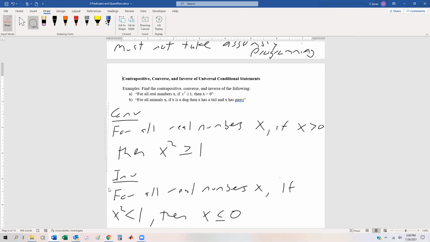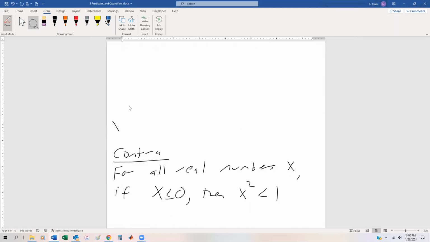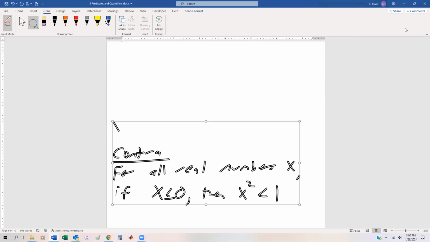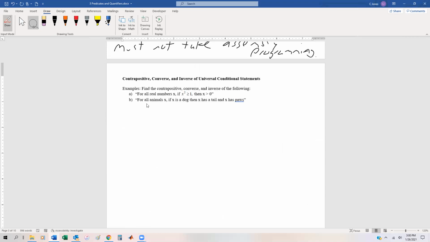Now, for the second one, we have to be careful again, because there's an opportunity to make a mistake by forgetting some of our rules of logic. The second one says that for all animals x, if x is a dog, then x has a tail and x has paws. Let's start with the converse.